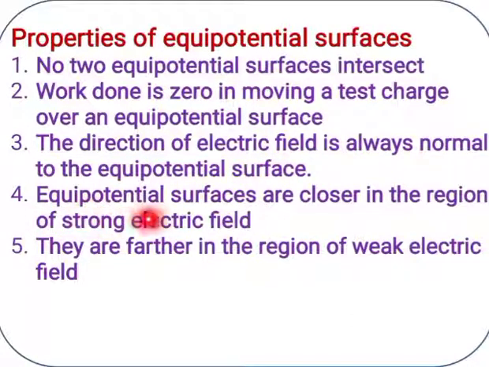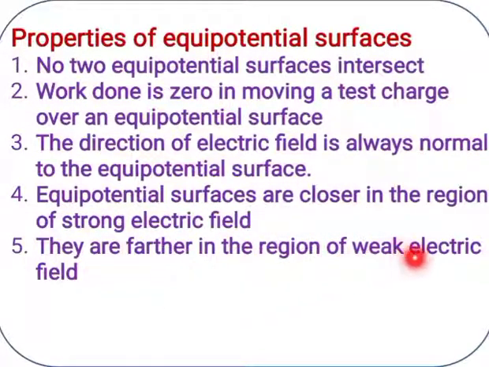Fourth one, equipotential surfaces are closer in the region of a strong electric field. They are farther in the region of a weak electric field. If the electric field is strong, then equipotential surfaces are closer.